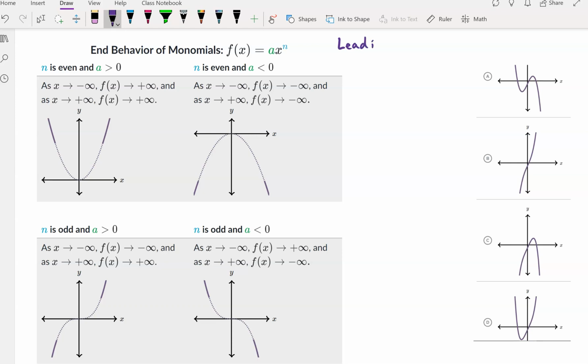That leading coefficient is going to tell you a lot about your function, and also the degree, this n value right here. So the a value, and then the n value in this case is the degree of your polynomial function.